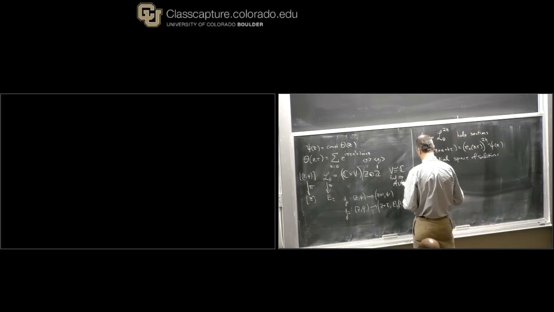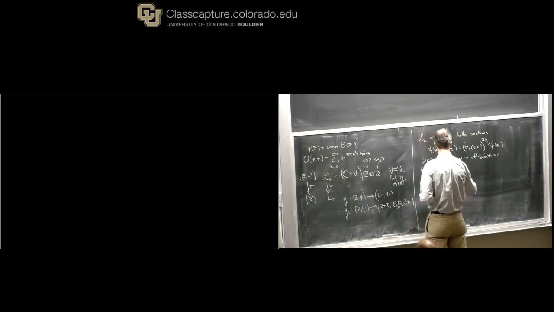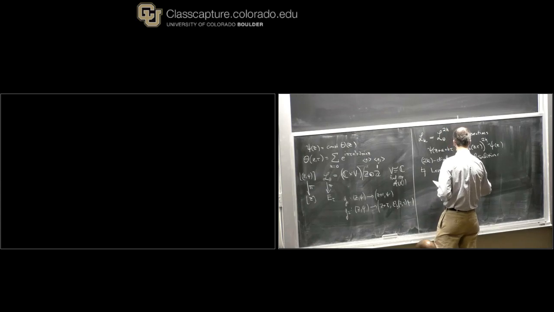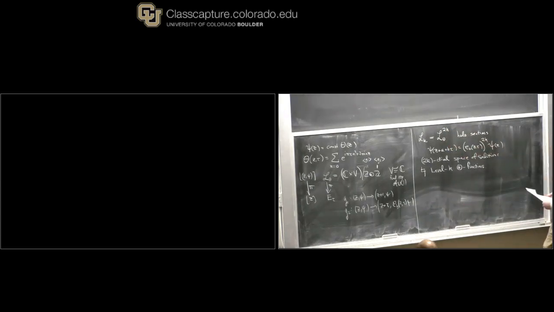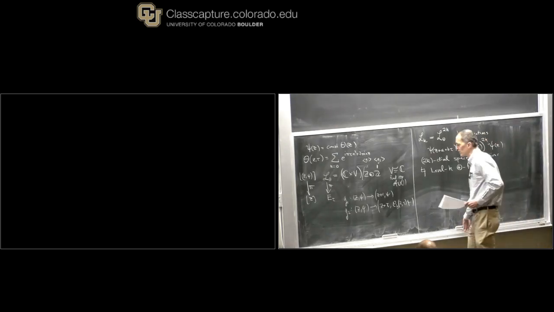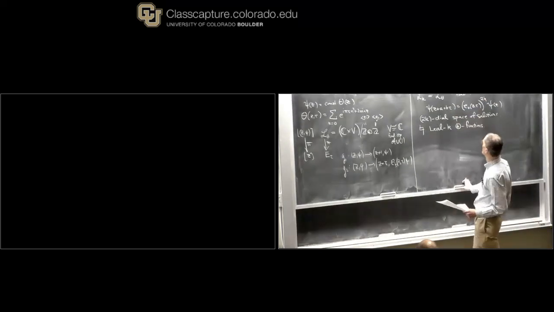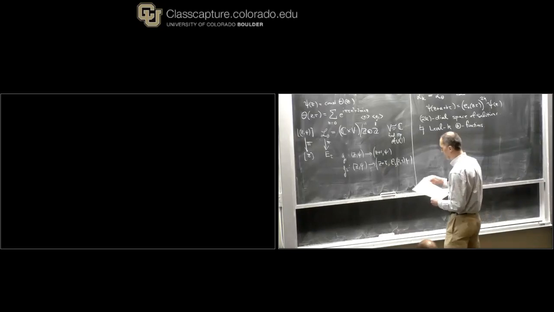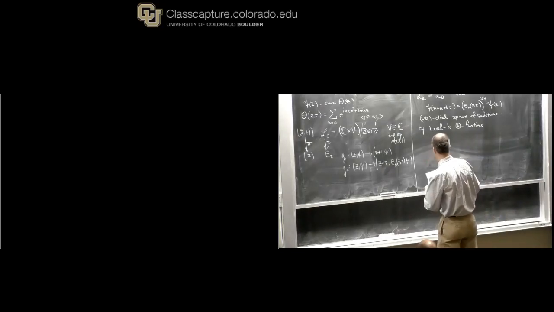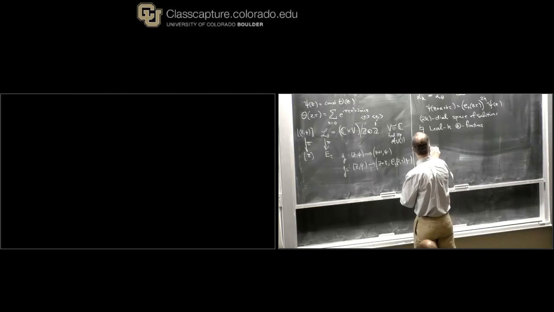And there's a natural basis called the level kappa theta functions. So I'm going to generalize those theta functions. So I want to write it in a way that I don't erase it. Okay. If I start to erase this, holler.